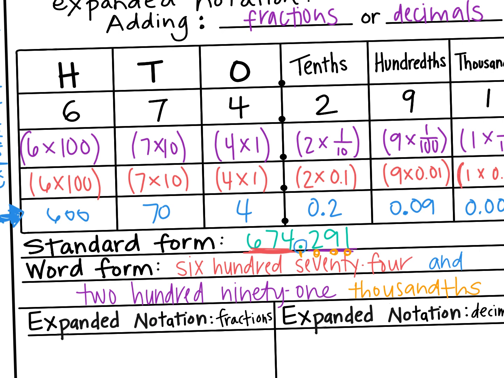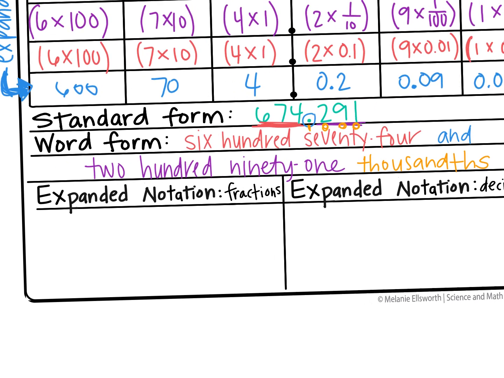Okay, so far all we've done is show how we would represent each digit in expanded notation. To actually have it in expanded notation format using fractions, I have to add something in between each one. So what it's going to look like on your paper, it may look like this. 6 times 100 plus 7 times 10 plus. What comes next? 4 times 1 plus.